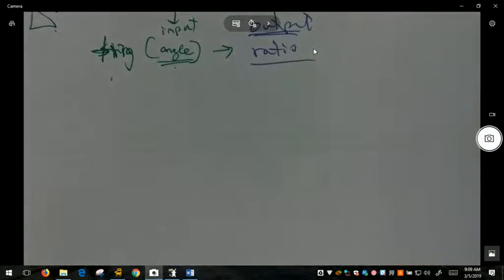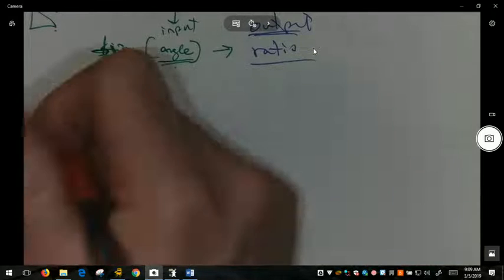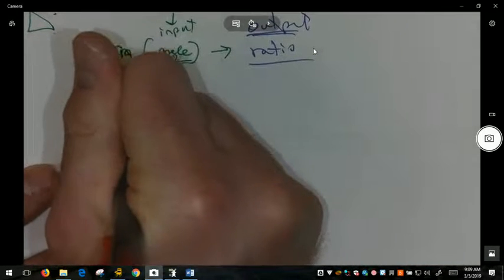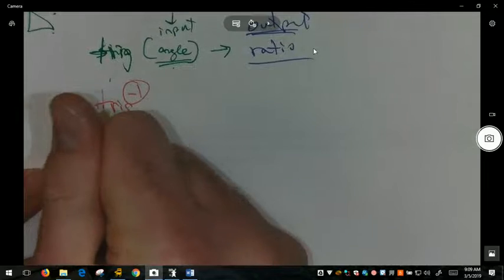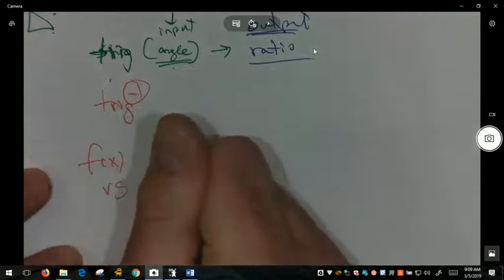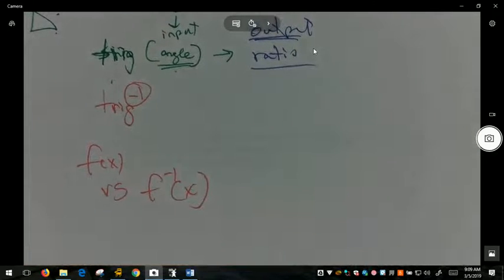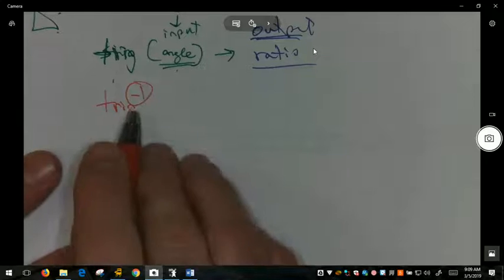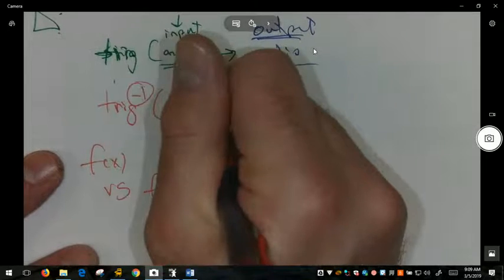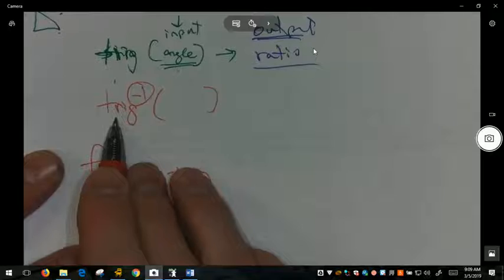Well, there is an inverse function. If you use the inverse function, there's our notation. Remember, we have f of x versus f inverse of x. Makes a lot more sense to you than geometry students that this is the notation for inverse. Well, the inverse works in reverse.